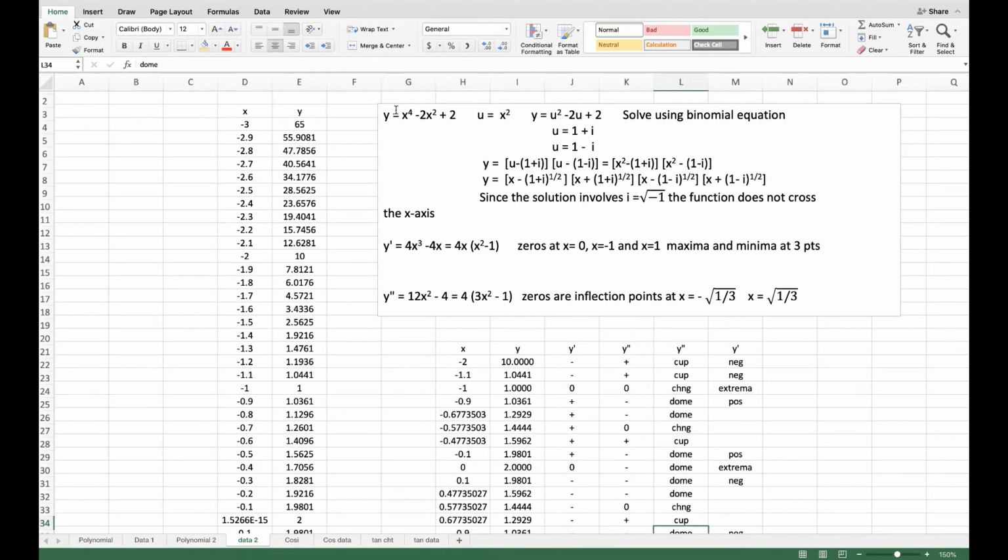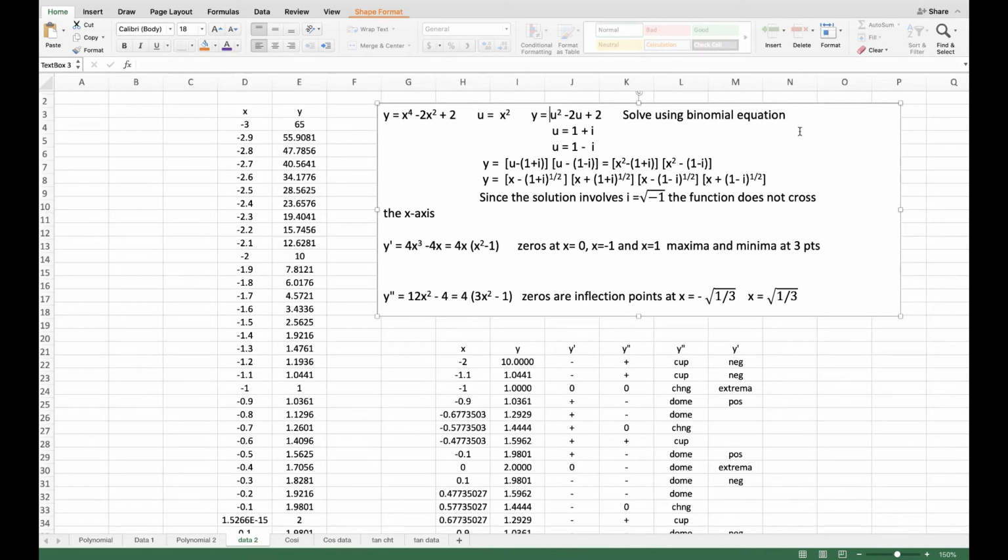For example, x to the fourth is a multiple of x squared. You can use a little trick. You can use a substitution where u equals x squared. And then when you plug that back in, you have a second order equation that you're solving.